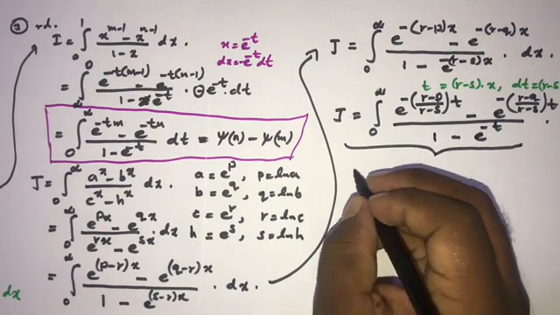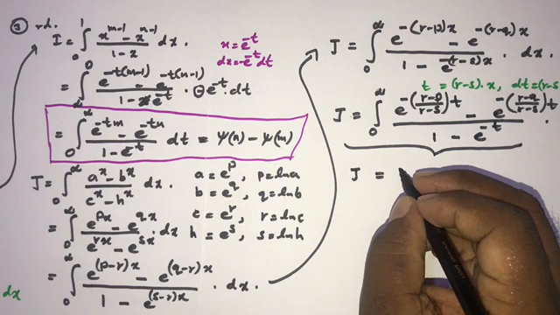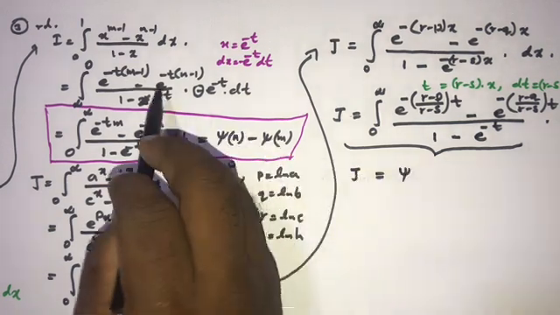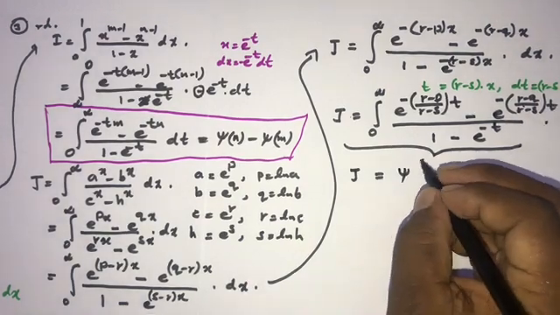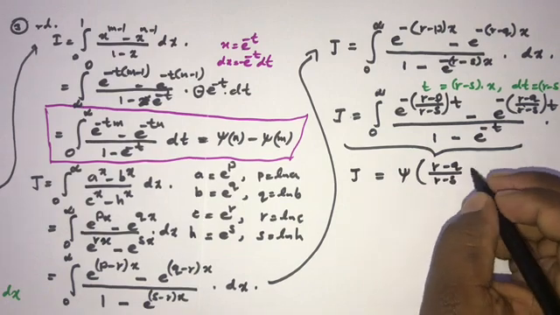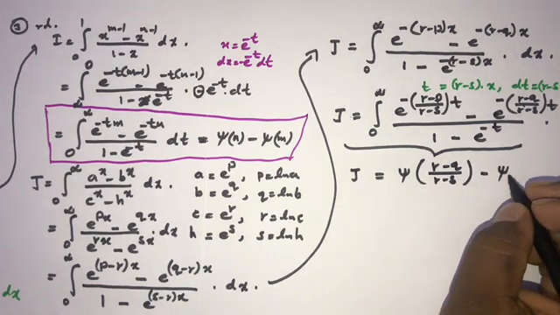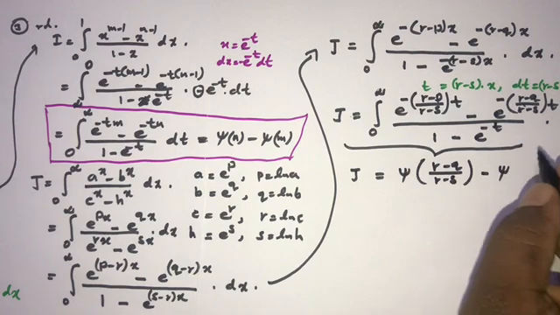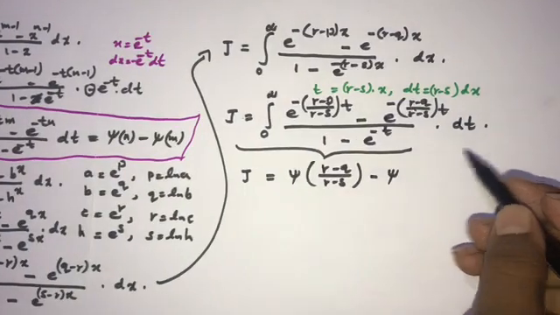So we can write our integral j is equal to, now this constant, so we can write digamma of r minus q over r minus s minus digamma of, sorry, this is a mistake.